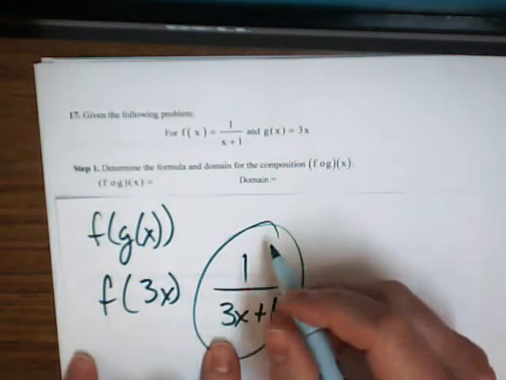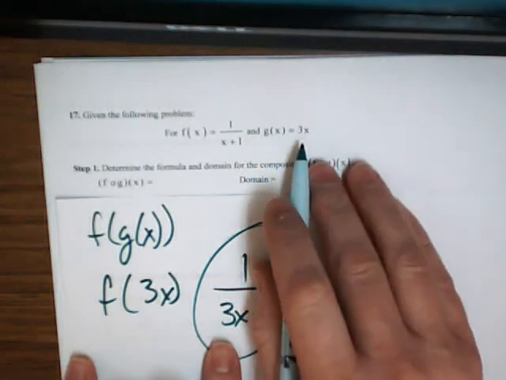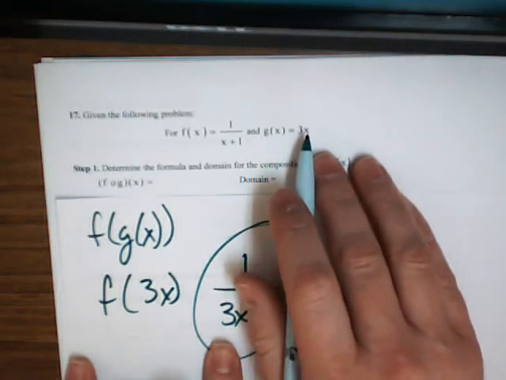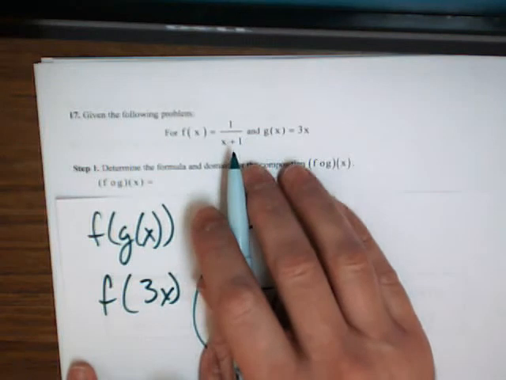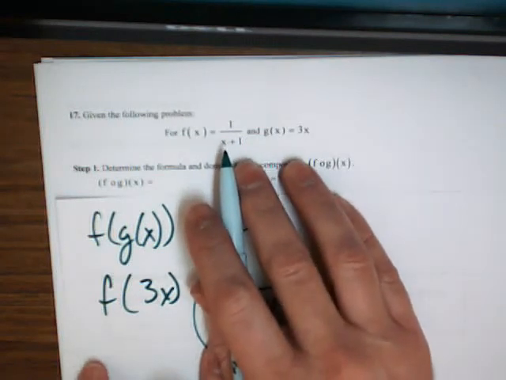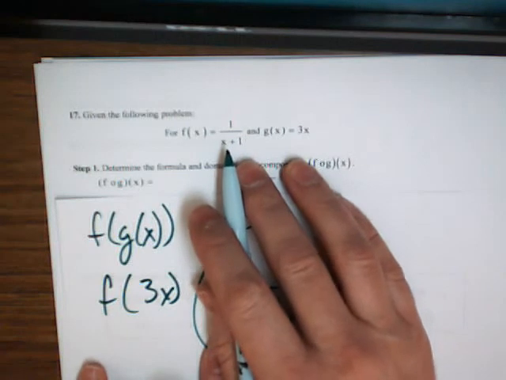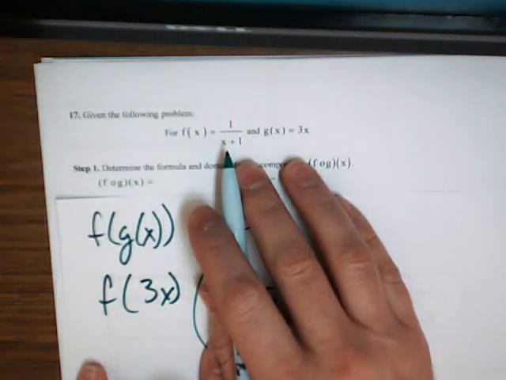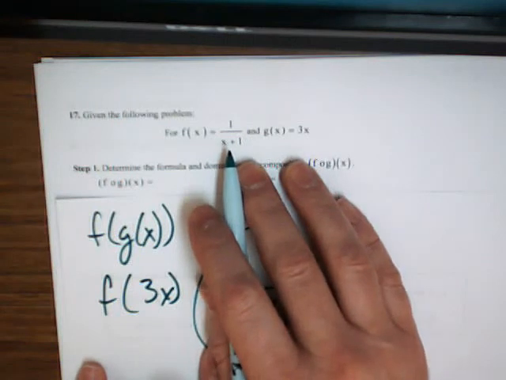And in this case, you don't have to worry about anything about g of x. G of x can handle anything, but f of x can't handle everything. It can handle anything but what? -1, right? It can't handle -1.